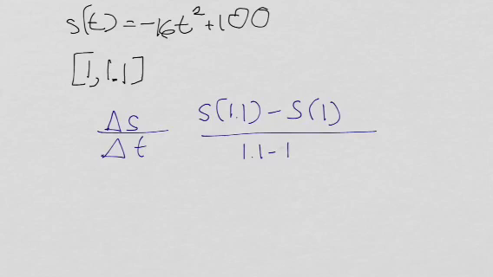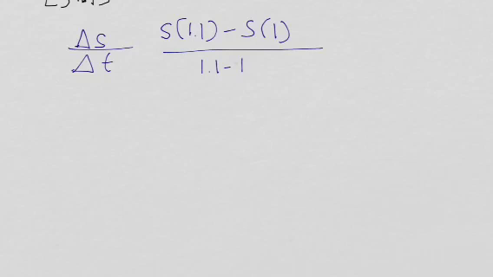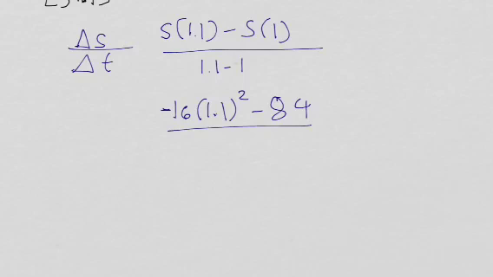And then we know from before that s of 1 is equal to 84, so now we just need to do s of 1.1, so that would be negative 16 times 1.1 squared minus 84 all over 1.1 minus 1, which is 0.1.